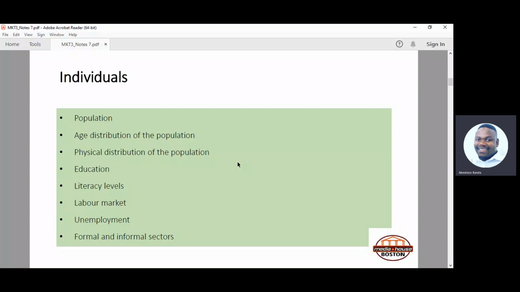Then we must also look at the education levels. So education matters. When we talk about education, we're talking about having acquired some form of qualification, and you've got a certificate to show that you've acquired it within specific fields, be it a matric certificate or a diploma in specific industries. That's education.